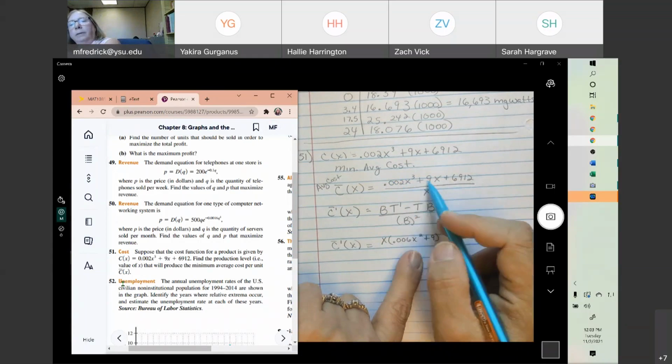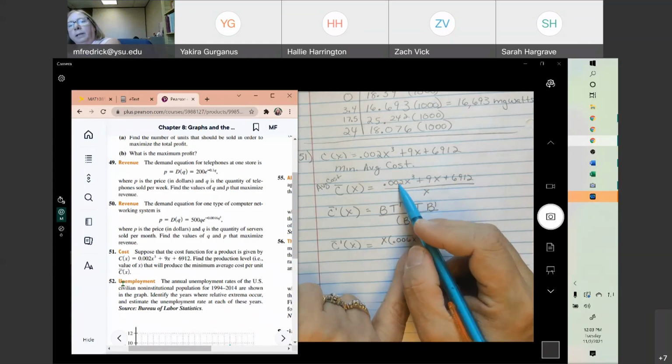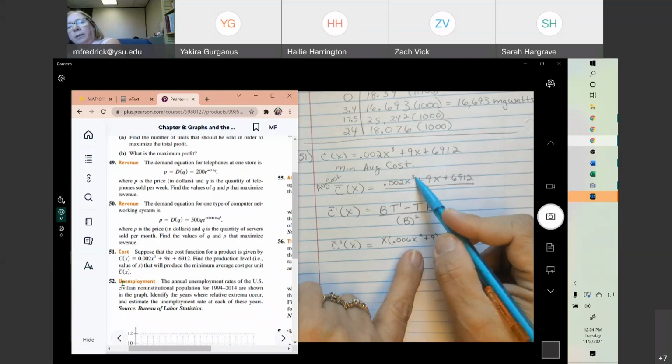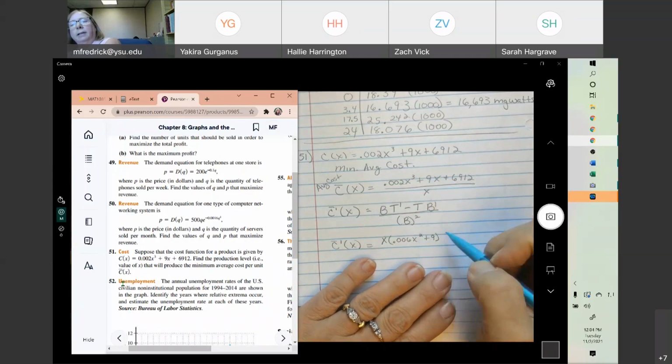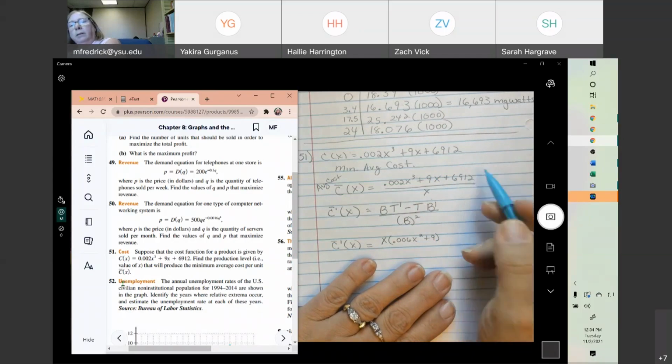So the derivative of the top: multiply these, and we get 0.006x, subtract 1, and get a 2. This is a 1. 1 times 9 is 9. x to the 0, and the constant drops off.